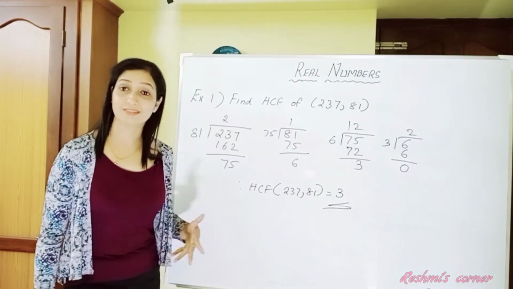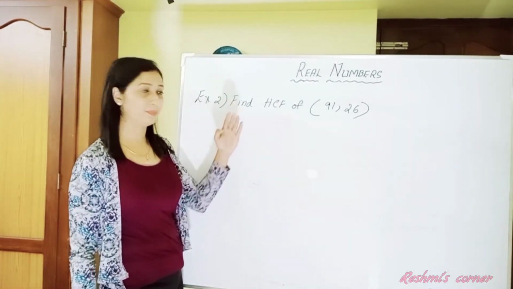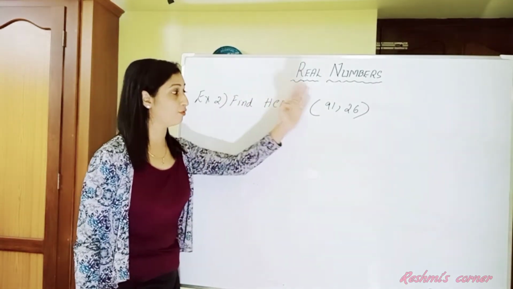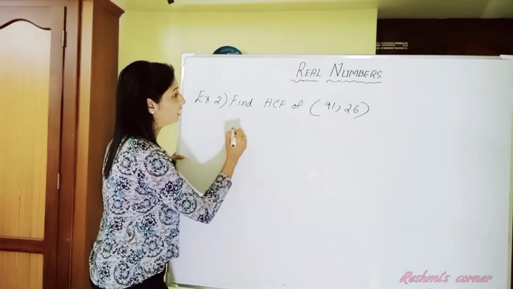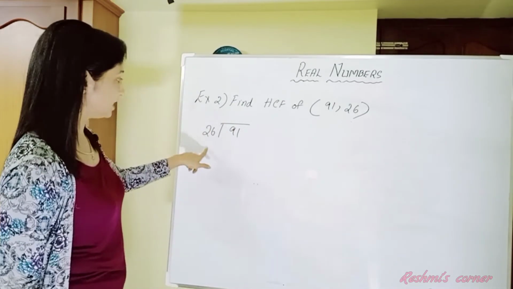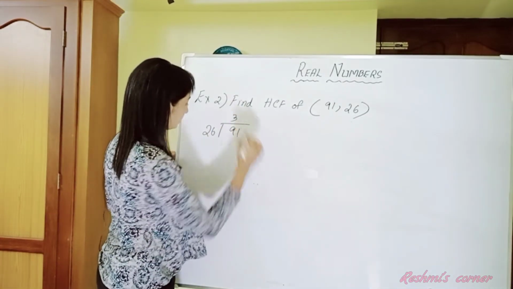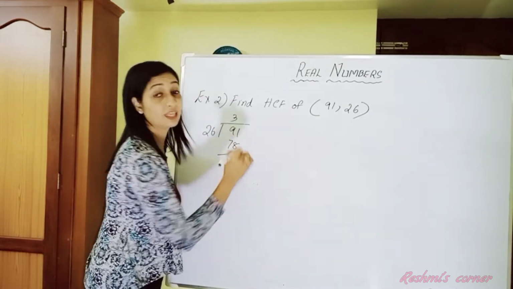Let's move on to the second example, example 2. Now, this is our second example, which is to find the HCF of 91 and 26. So, how do we start? We divide 91 by 26. 26 3s are 78, we get the balance 13.